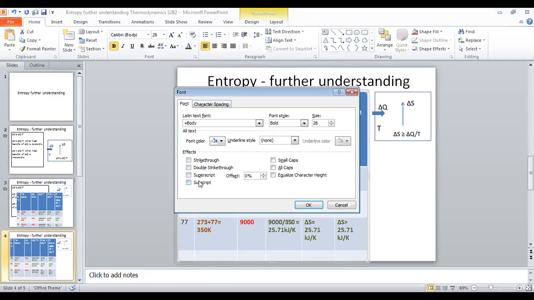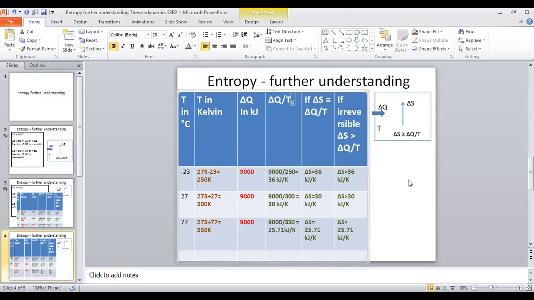Okay, the subscript. Let me put it. So Tk is Tc plus 273. Okay, T in Kelvin means K. That is Tk.